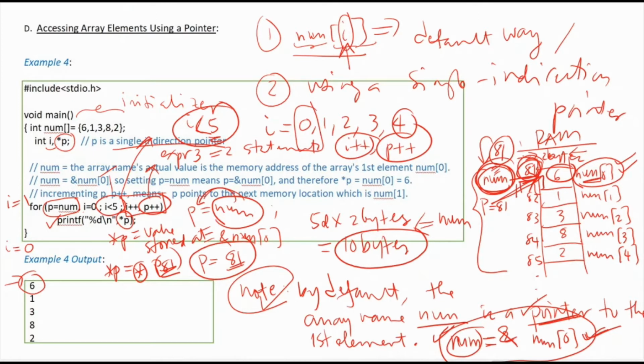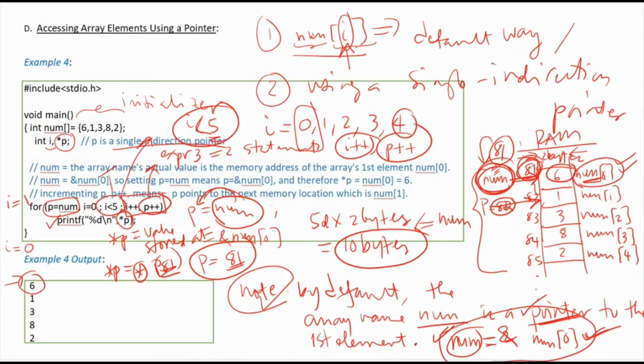This time, it now points to num1, which is the one stored in memory address 82. So we cut this pointer and make it point to the next location, which is 82. And this time, the value of P is now 82.